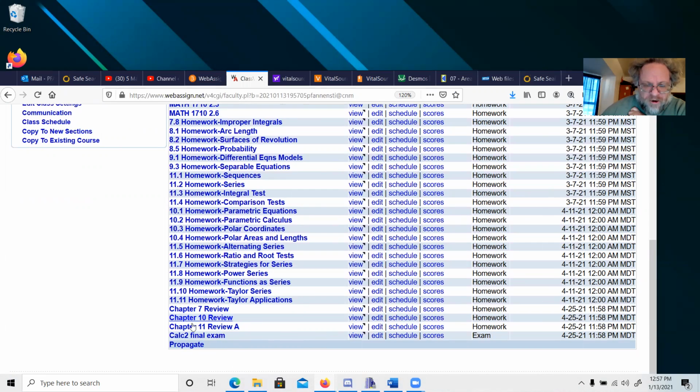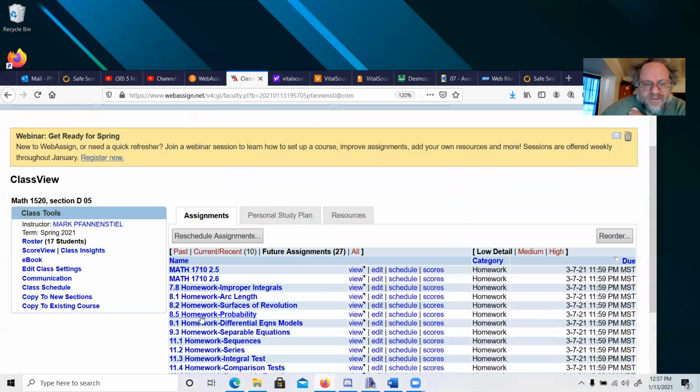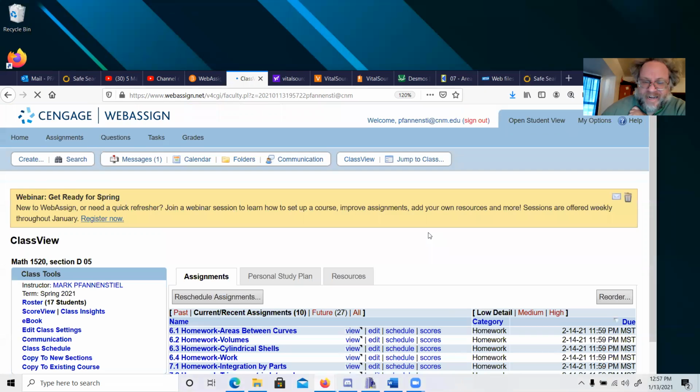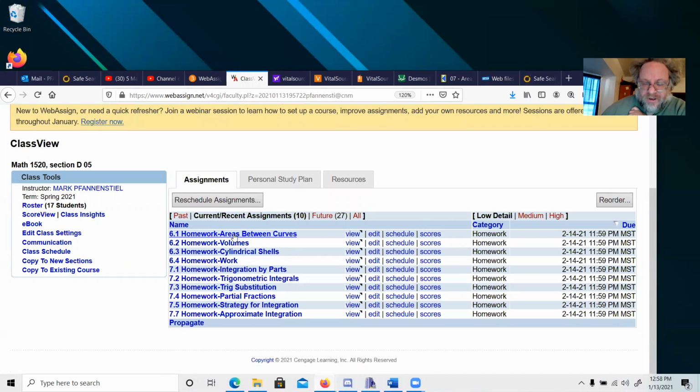These are all homework stuff that sits there. I've got to set up the whole other thing going on here, but that's where everything is. Your ebook is going to be important, to be able to read the book, but that's where everything is, and that's why it's laid out the way it is.